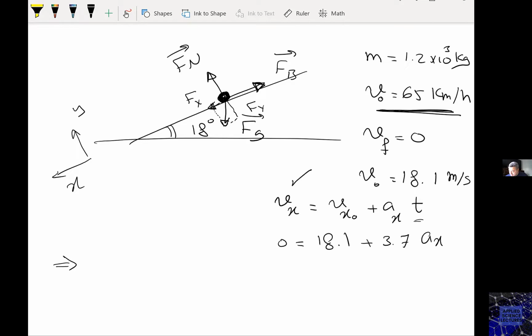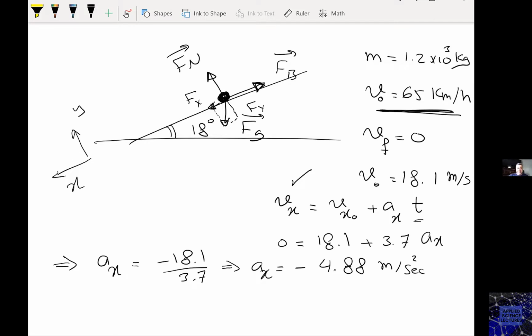Then ax would be minus 18.1 divided by 3.7, ax as minus 4.88 meters per second squared.